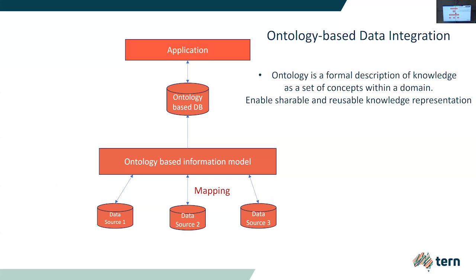So this is how the overall application works. You have multiple sources, we represent them in a common model, then we ingest them into the database, and the application sits on top of it. That is how we access it. We use an ontology to represent the information model, partly because we conceptualize each of the things. With an ontology, most of the data is represented in a graph.